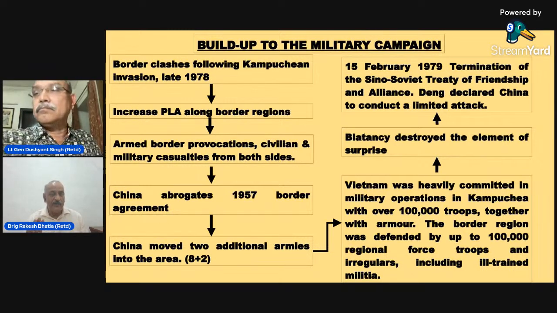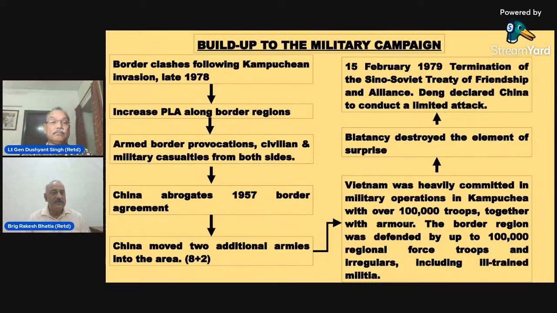Now I'm talking about still 1978, and the war started on 16th of February 1979. There was a border agreement of 1957. In late 78, China abrogated that border agreement, yet another indication that they are ready and going in for a conflict.